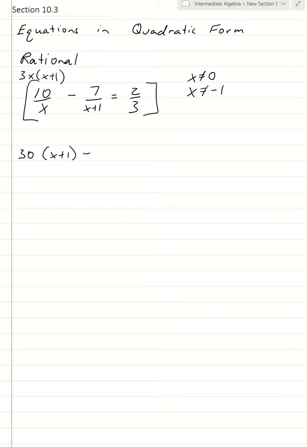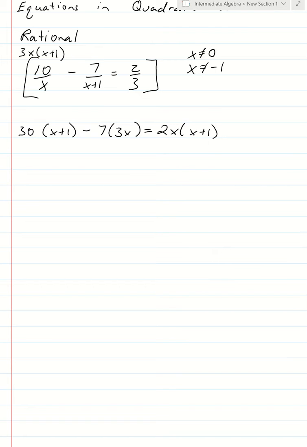Then there's the minus sign. If I multiply the second fraction with the lowest common denominator, what remains is 7 times 3x, equals. Finally, now we would have to multiply the lowest common denominator with the 2/3. And in doing so, we would have 2x times x plus 1 remaining. So as promised, no more fractions to contend with.